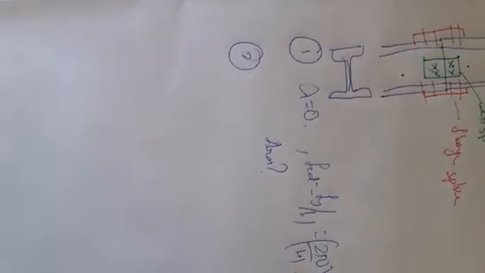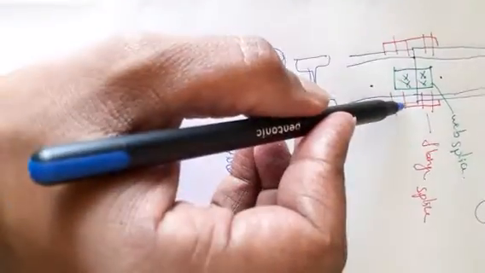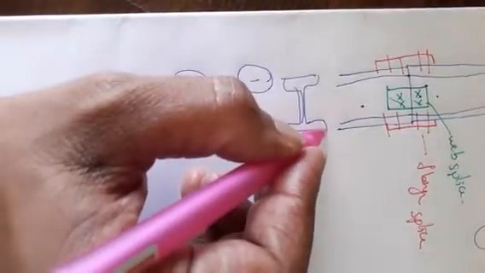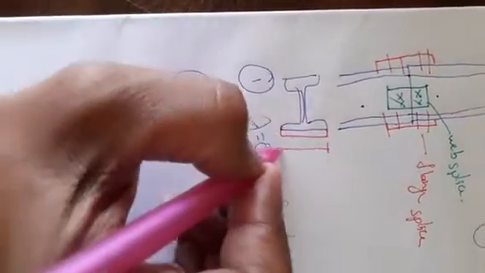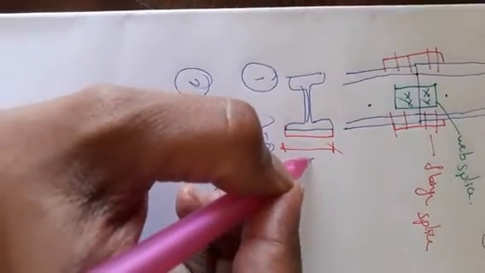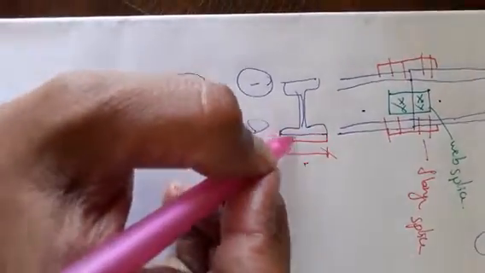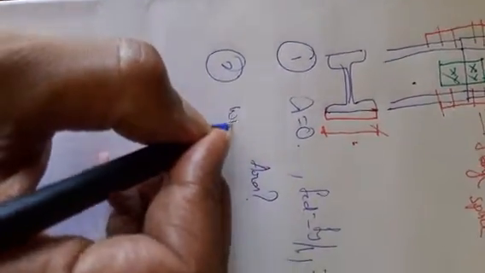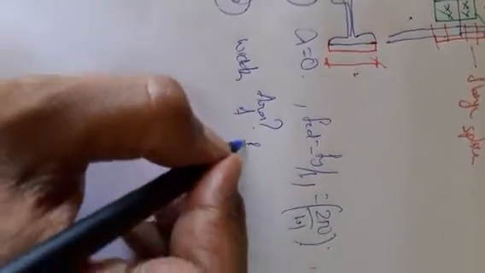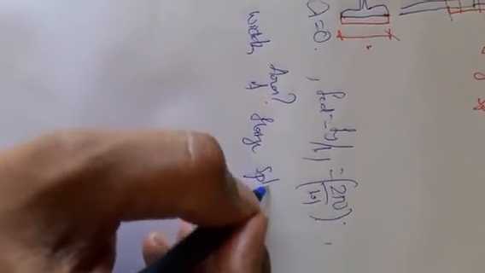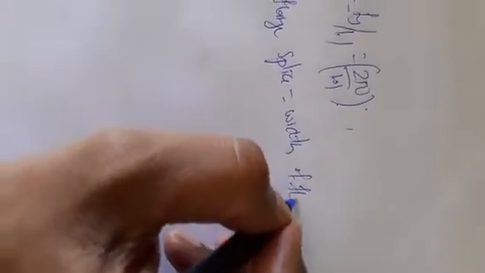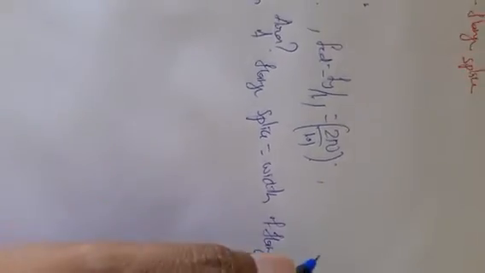Second specification: whenever I have to provide a flange splice, this flange splice is seen like this here. This is the width of the flange splice, and the width of this flange splice should be equal to the width of the flange of the I section.